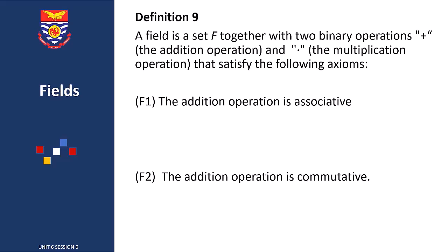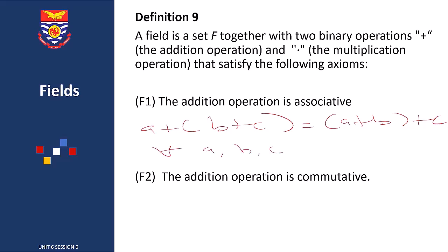So addition is associative, so I can write A plus B plus C equals A plus B, okay, plus C. Here you can say that for all A, B, and C being members of the field F.